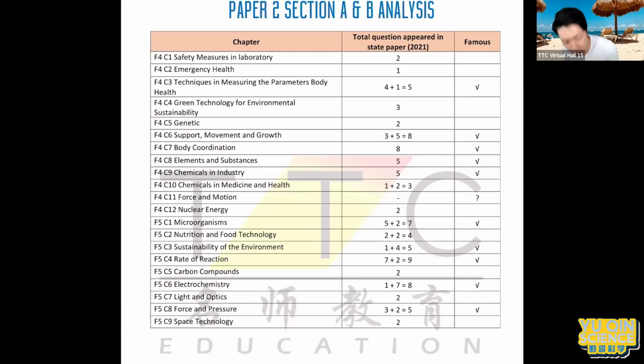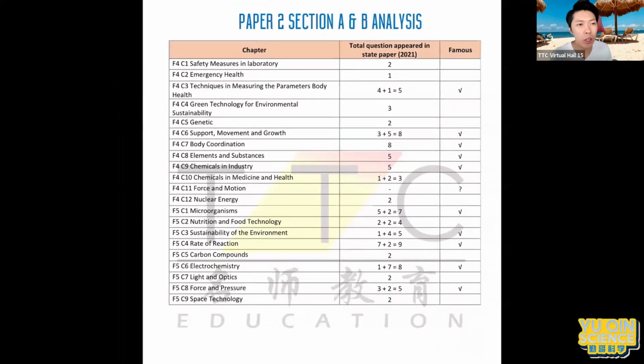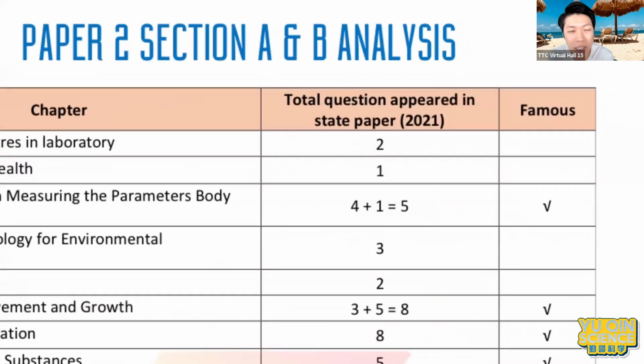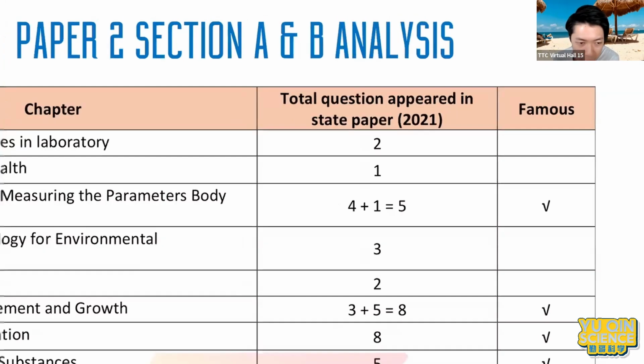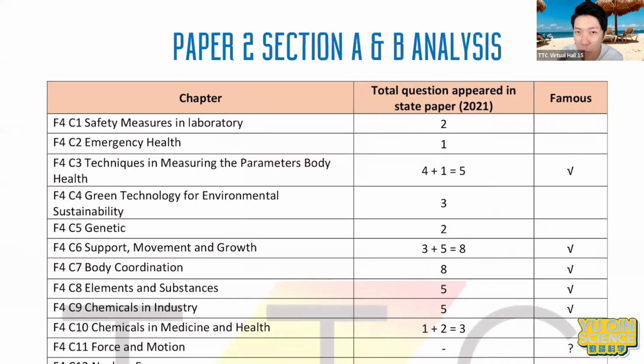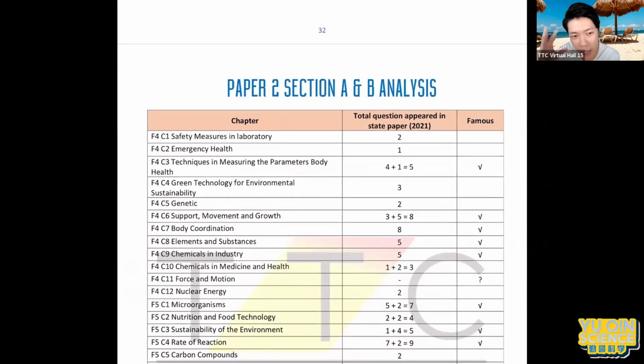Alright, my friends. This is your Section A and Section B, sort of like an analysis. But if you ask me what I analyzed based on, I analyzed based on state papers because there's no past year papers here, no choice. This is the only thing we can rely on and have hope on. But I'm not saying this is everything. This is actually just for me to look and analyze a bit what's going on.